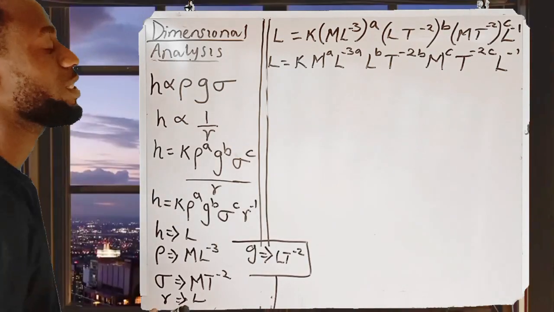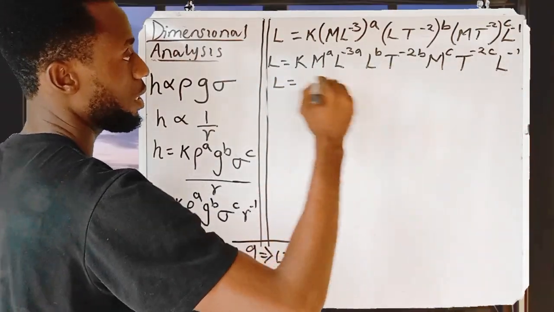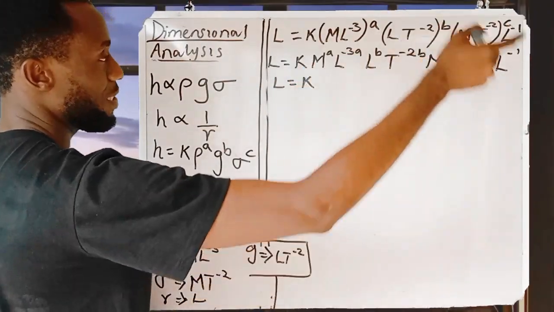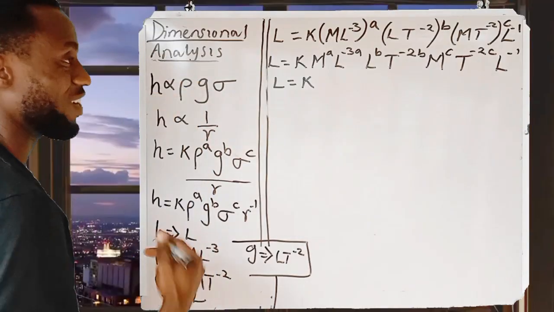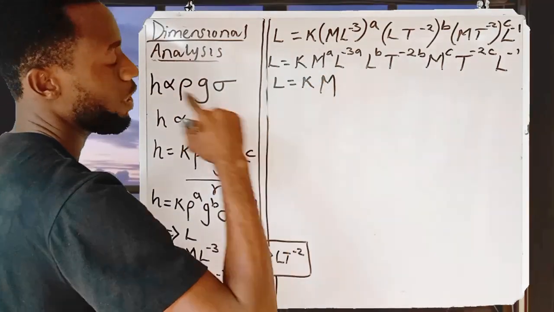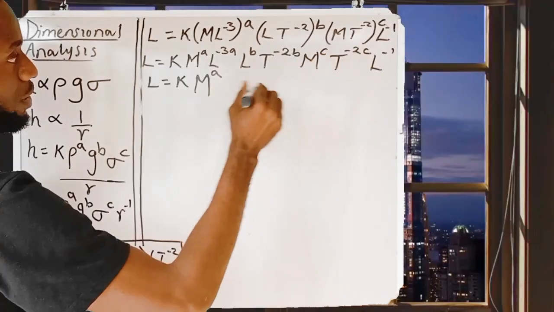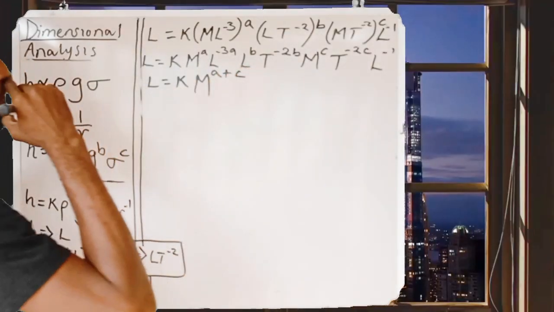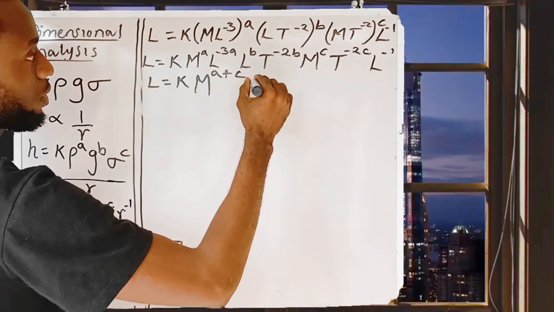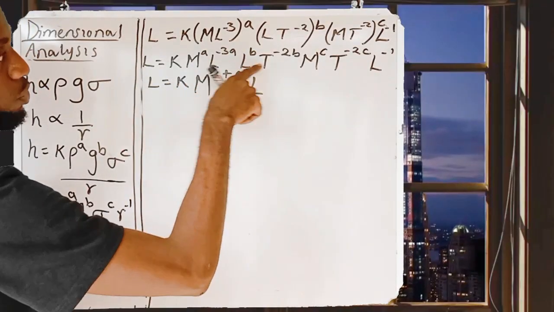So we now use indices again. All the ones with the same base, we are going to add their powers, respecting the signs that they have. So I'll start with M. If I go with M, there is A here. The next value is plus C. Then we move over to L. There are 3 parameters with L. We have 1, 2, and 3.